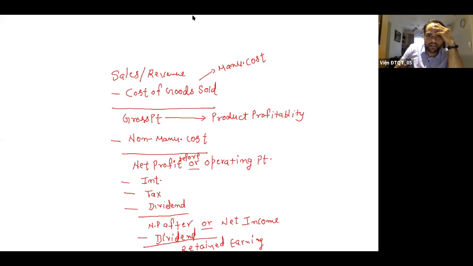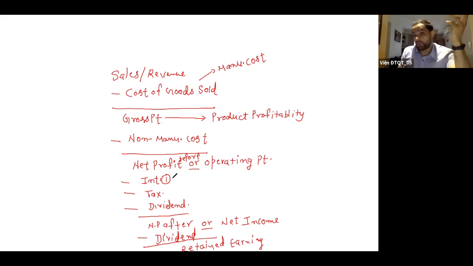So now I'll explain you one by one. You understand sales, cost, gross profit, non-manufacturing cost, and net profit before. Before means before interest, before tax, and before dividend. Once we got operating profit here, we always subtract interest first.